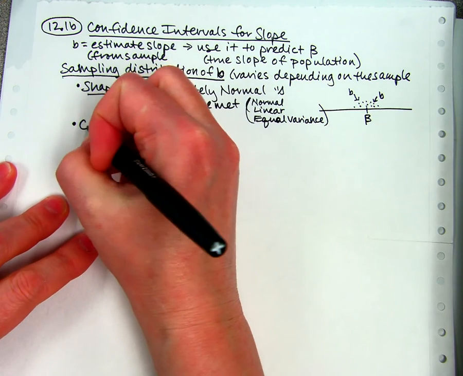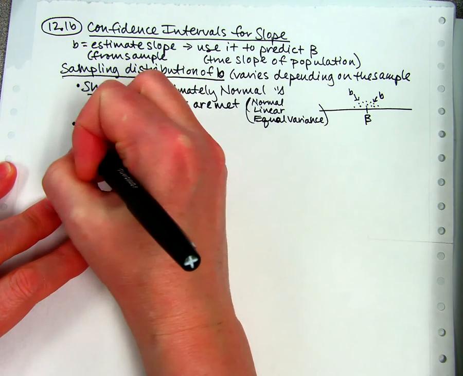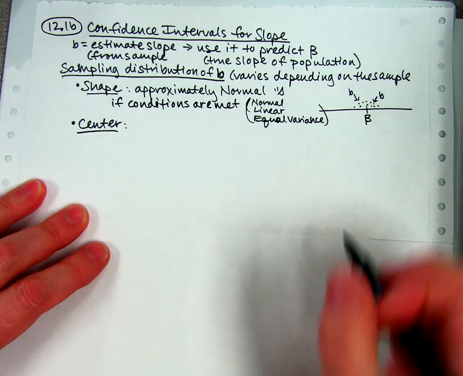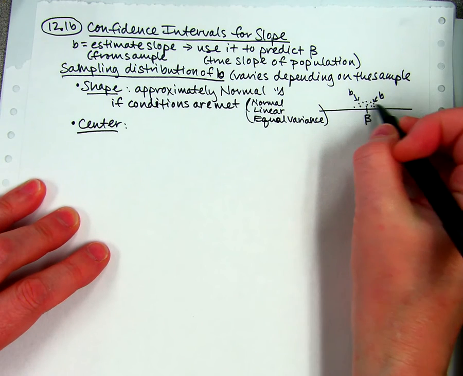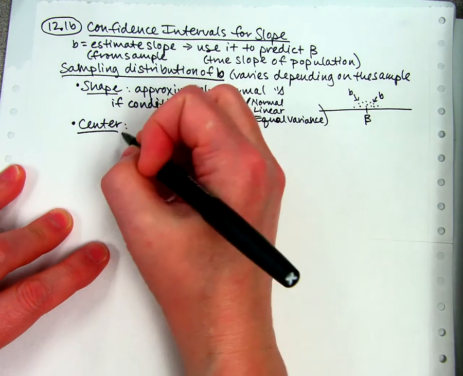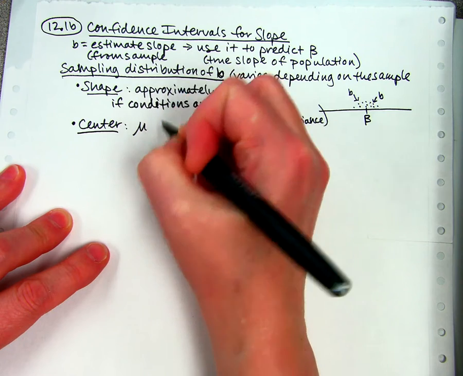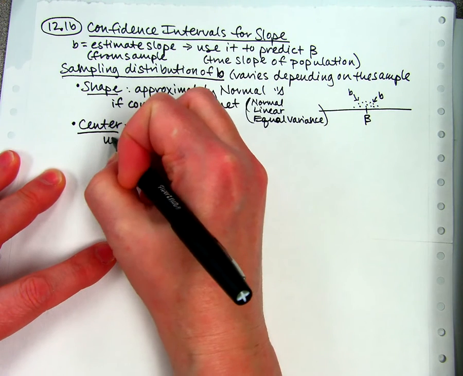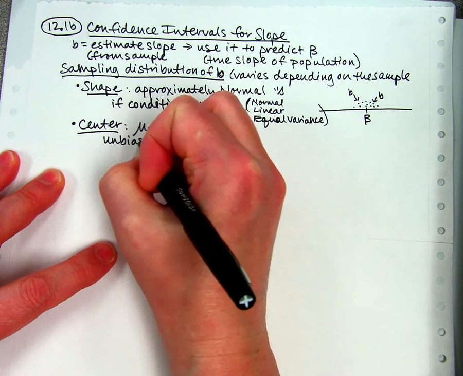Center. Well, what we would hope is that it's an unbiased estimator, and it turns out that it is, that these different sample slopes are sometimes above, sometimes below, but centered at beta. So that would mean the mean of all the b's is beta, and that means that it is an unbiased estimator, which is why we're studying it in this class.